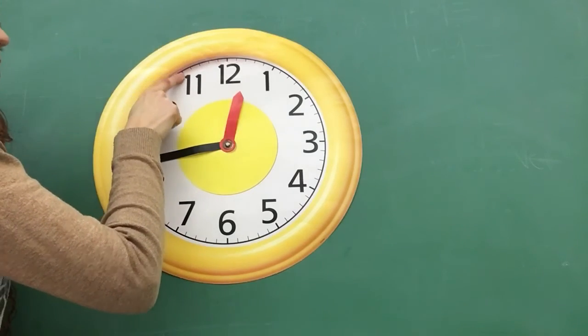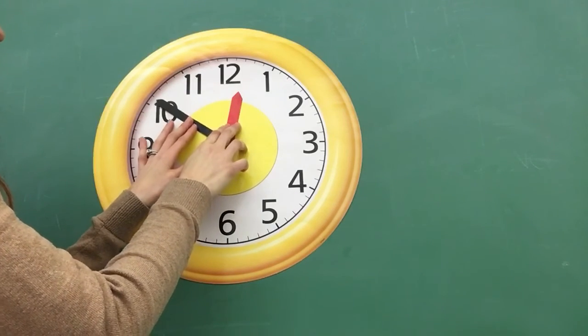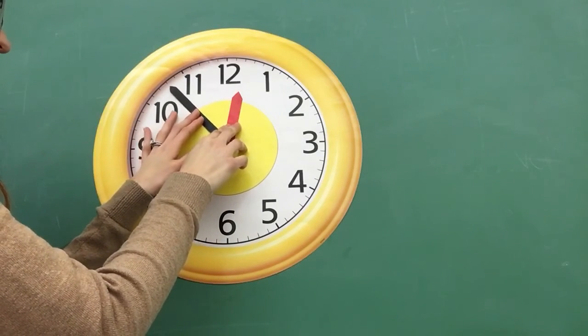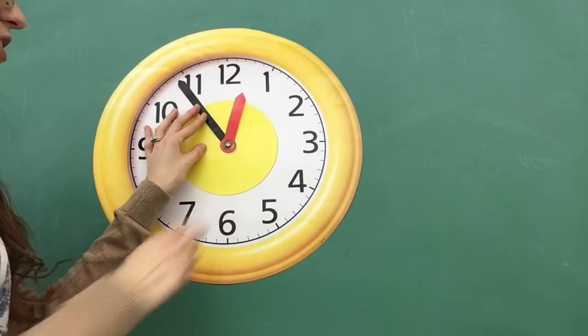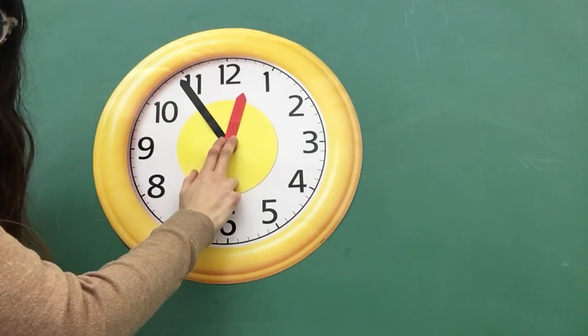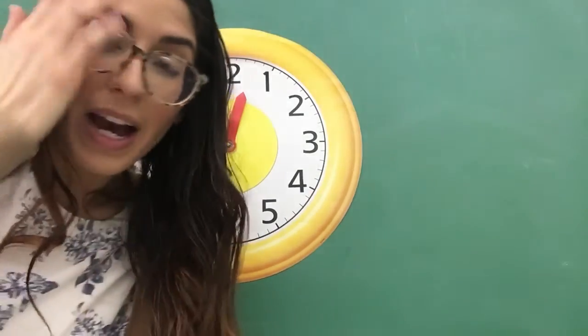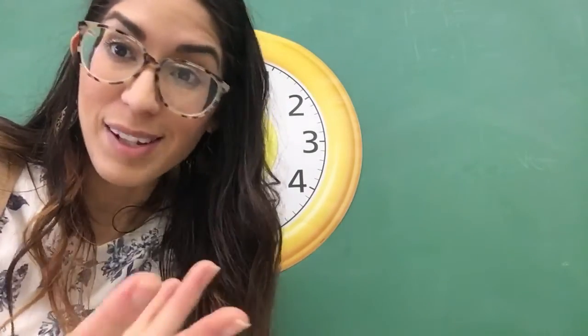Oh, 55. 55 is too far, so let's go back to 50. So 50, 51, 52, 53, 54. So we got 12:54. Okay? And now you guys know how to show time to the nearest minute, and hours.